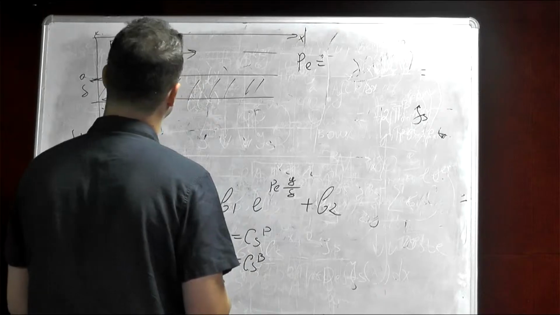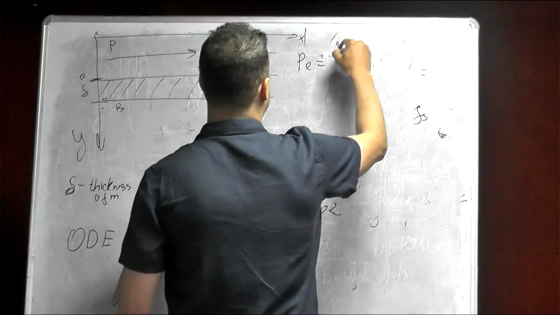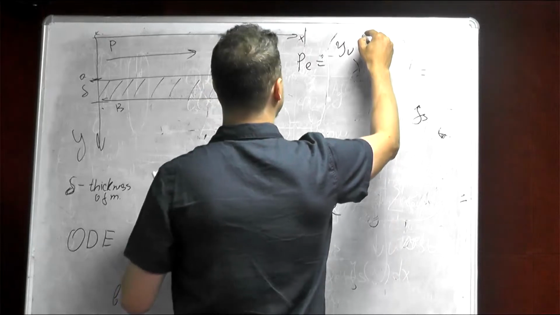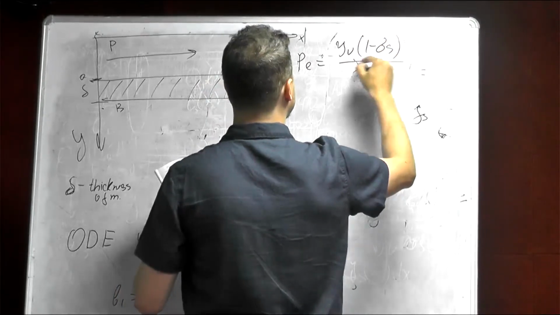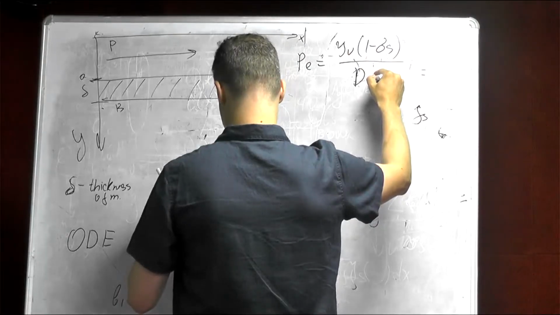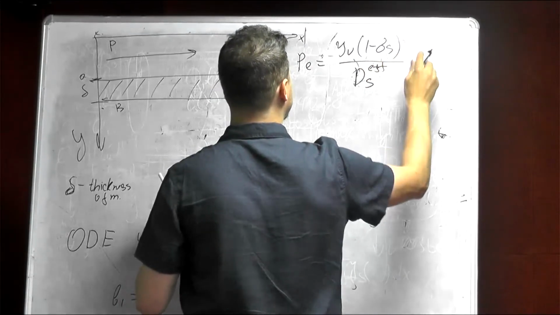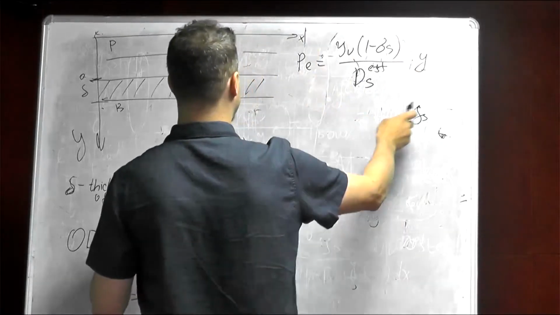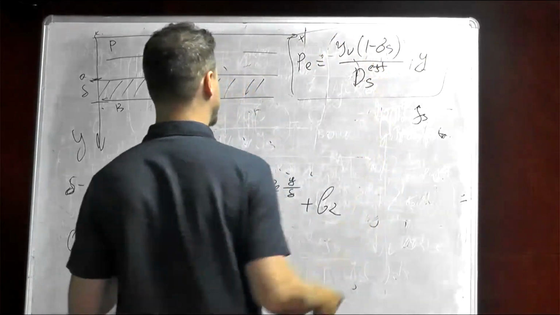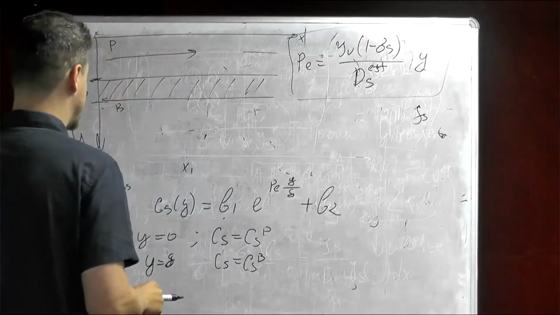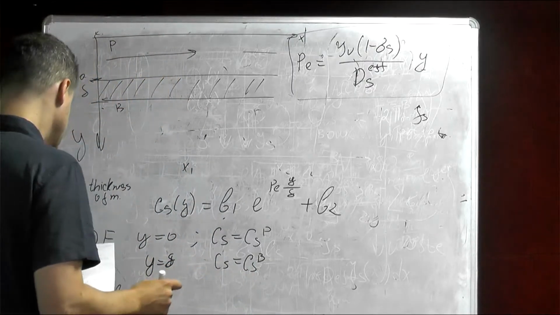I think there was something like 1 minus effective. Yeah, that's basically the Peclet number. It describes this particular part of the equation, just to make the writing shorter.